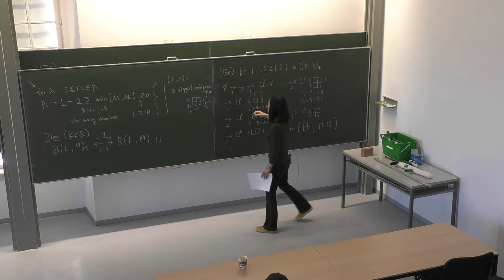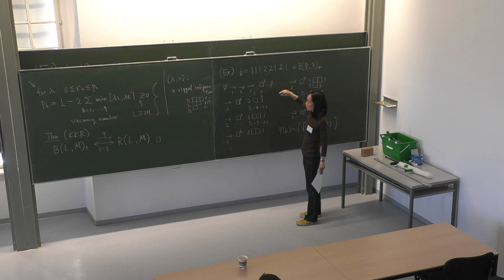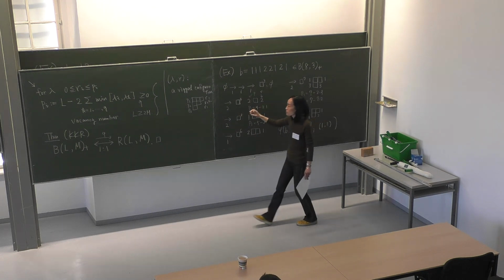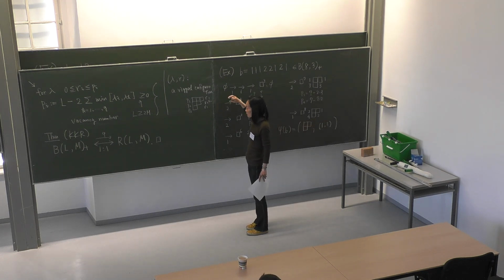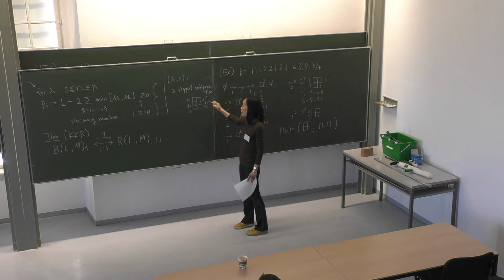So always, you can put a box in an existing row only when P and R coincide.